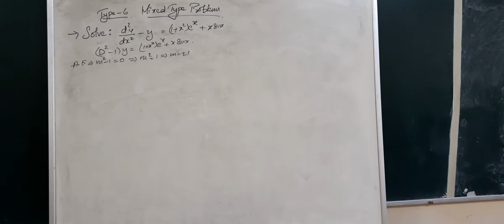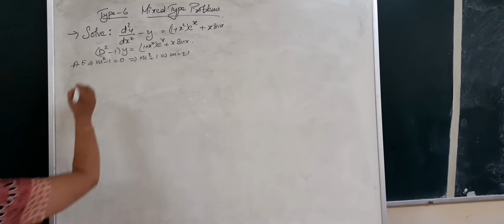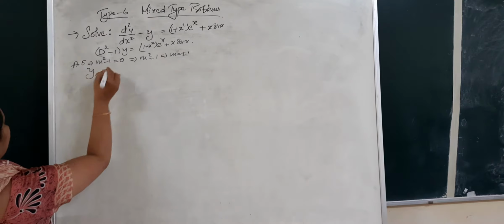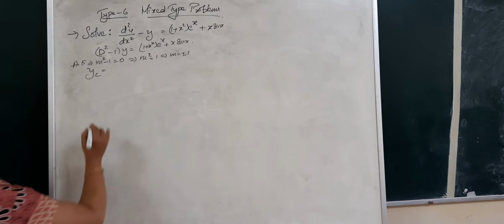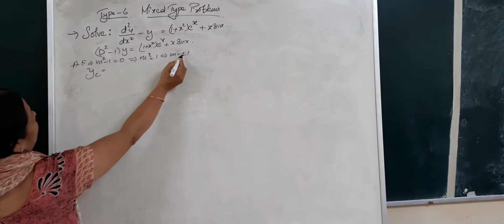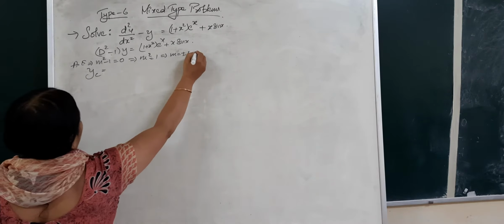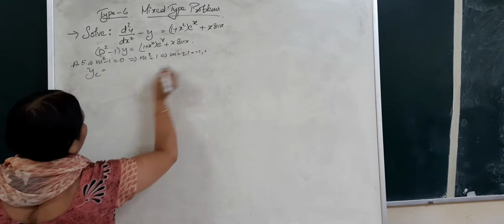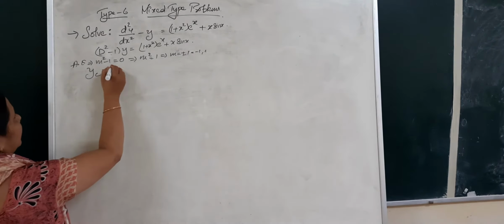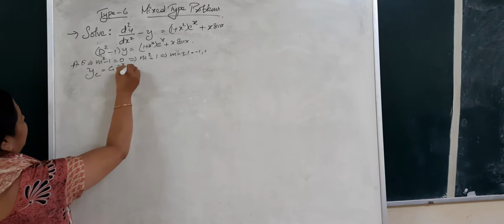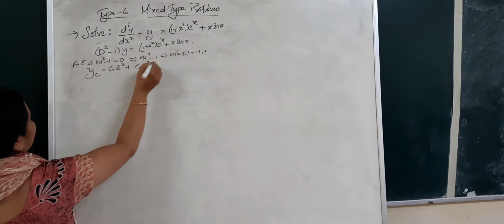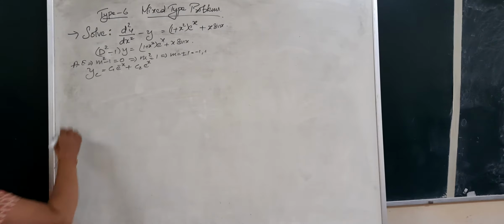So the first part of the solution, the complementary function yc, is c1 e to the power minus x plus c2 e to the power x, taking both values separately. This is the yc, the complementary part.